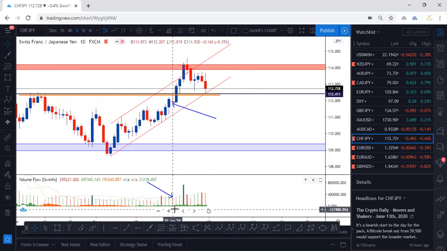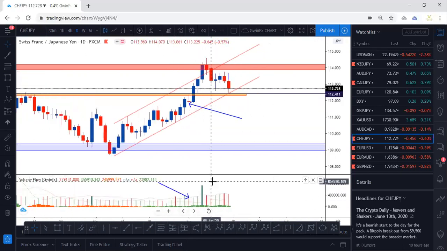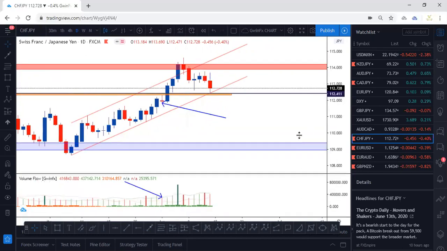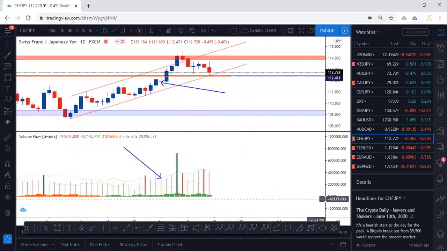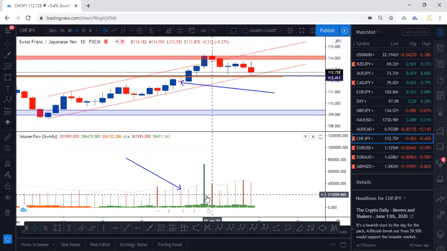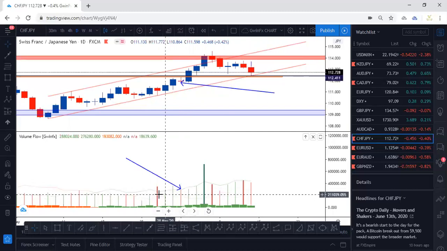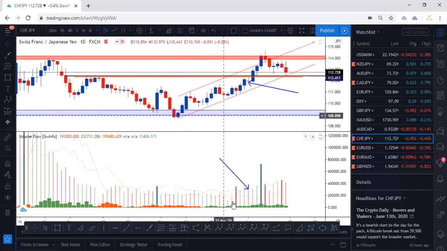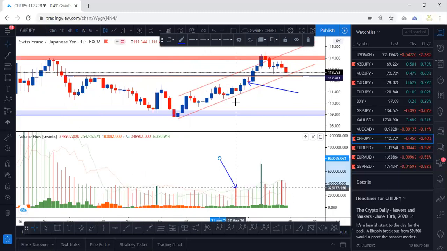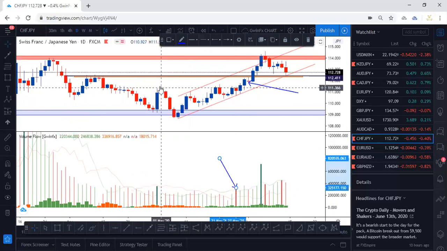Look at the effort. Let's zoom in to look at the effort. Look at this small effort here as compared to this. Here we had this very first push, to which sellers tried to sell because of this structure, and they were trapped.